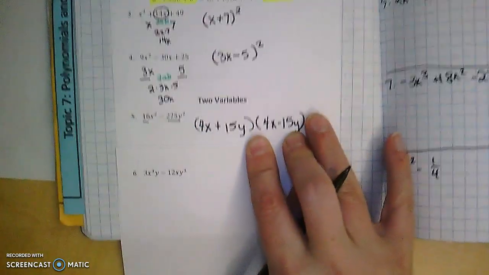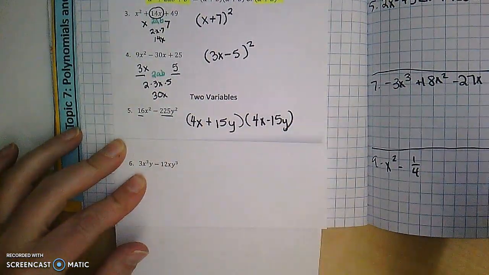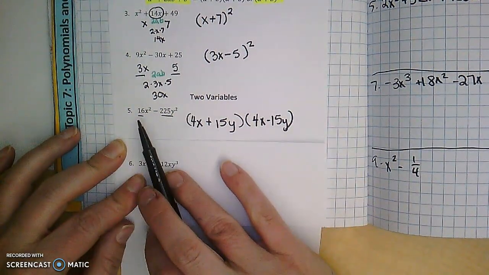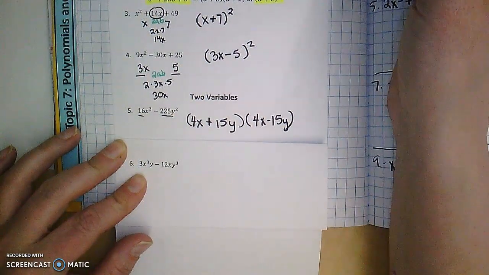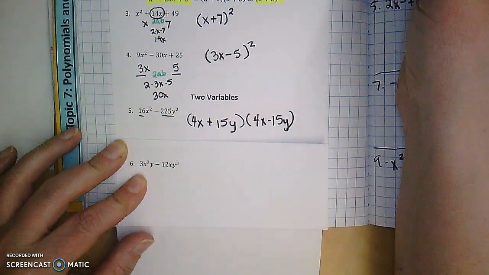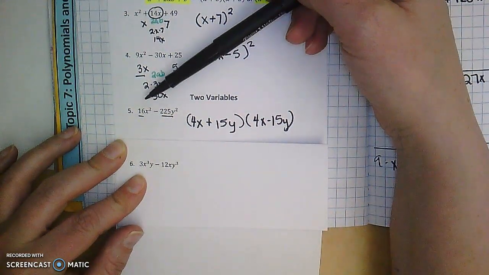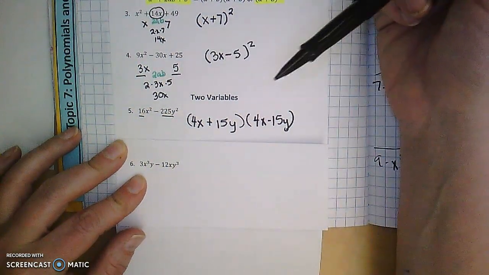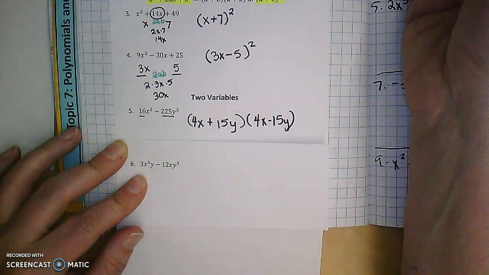So we were just talking about two variables when I have one of these special cases. This one right here looked just like the difference of squares problem that we've seen before. But sometimes it's not going to be as nice and neat where both terms in my binomial are perfect squares.